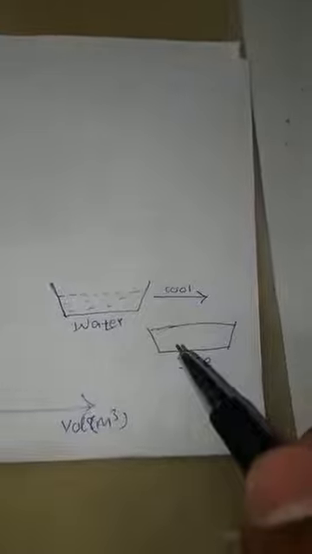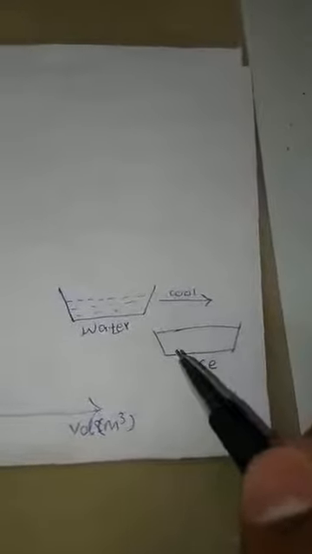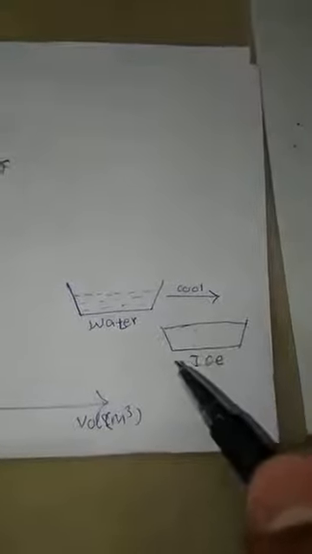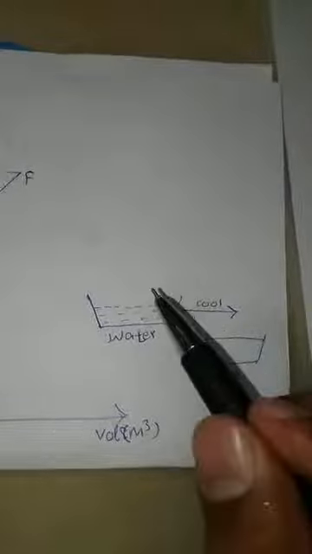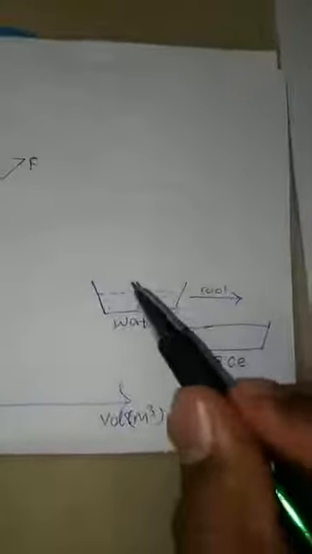And as we know, density is inversely proportional to volume. So, if density is reducing, volume will increase. So, if volume is increasing from water to ice conversion, then surely from ice to water conversion, volume will decrease.